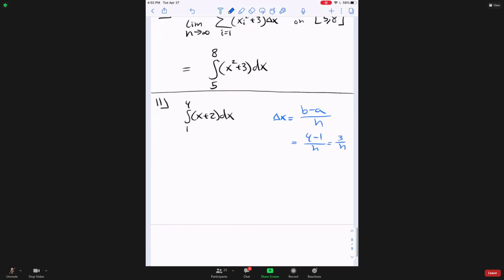And then your x sub i is going to be a plus i times delta x. Your a is 1 here. So that's the a value, by the way, and that's the b value. So 1 plus 3 over n times i.